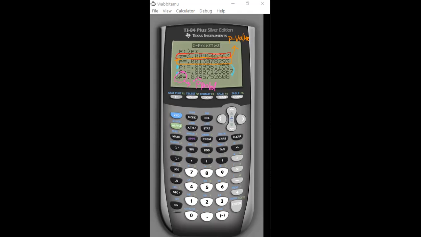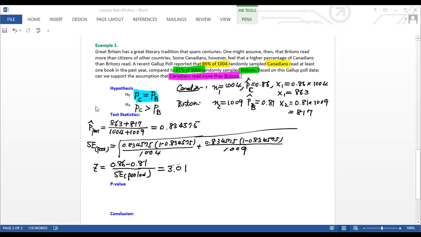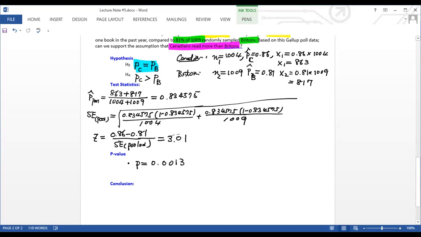All right, so now let's go back to our worksheet. What did we just find out? Our p-value here is 0.0013. It's very small, right? So what is our decision here? We reject the null hypothesis. What does that mean?